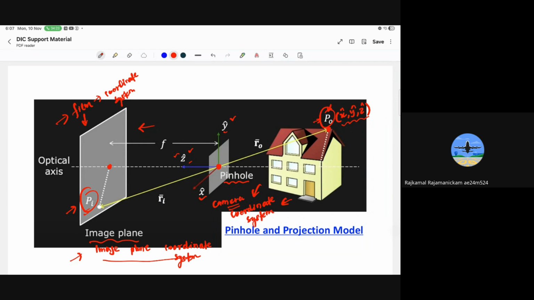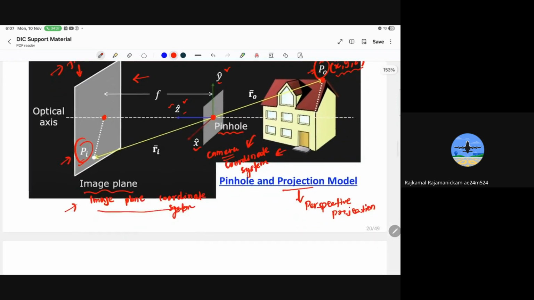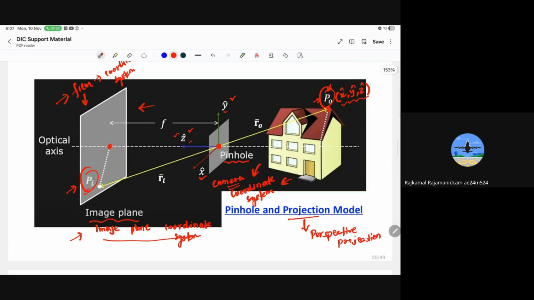This is kind of a projection, and this particular projection is basically perspective projection. Okay. So if you want to relate the coordinates in camera coordinate system to the coordinate of a point in the image plane coordinate system, we can use the perspective projection model.